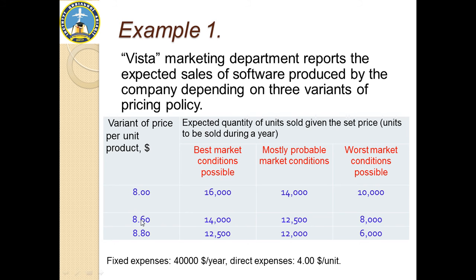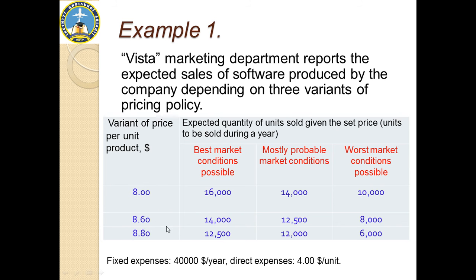Vista's marketing department reports the expected sales of software produced by the company depending on three variants of pricing policy. So the company can decide on the price per unit of product. It can be, for example, $8 per unit, $8.6 per unit, or $8.8 per unit. But the price affects the sales.